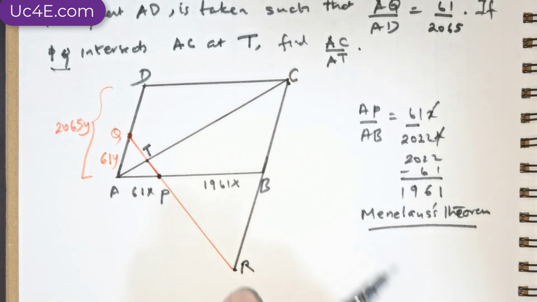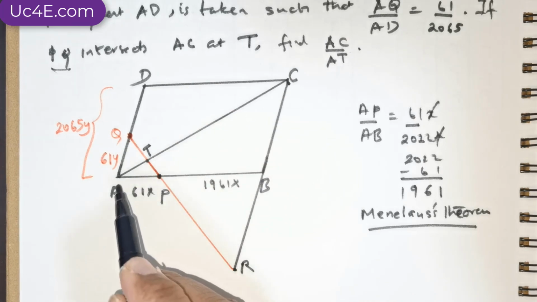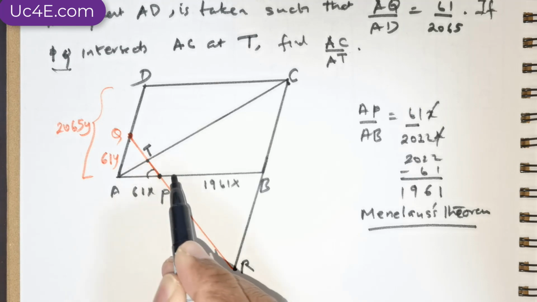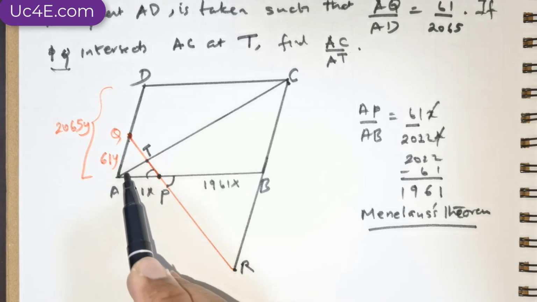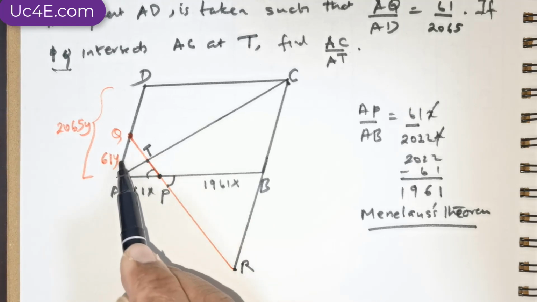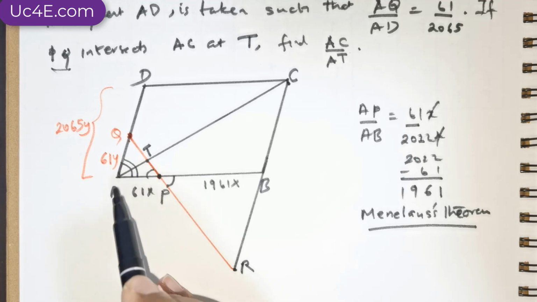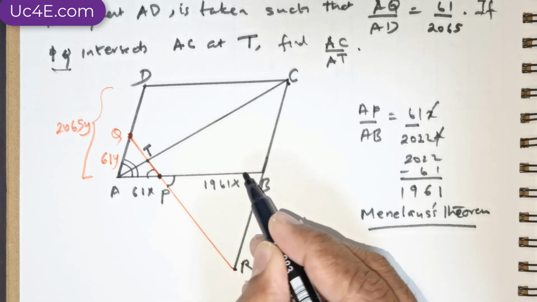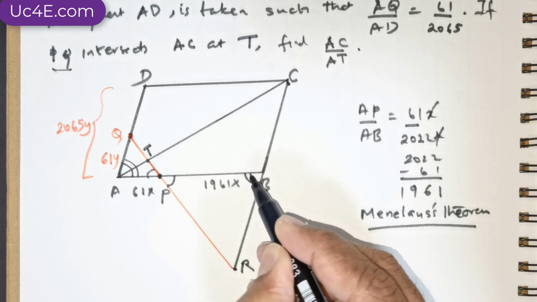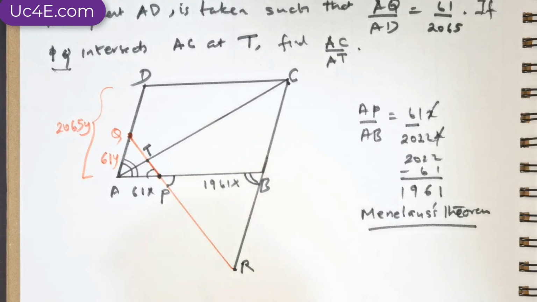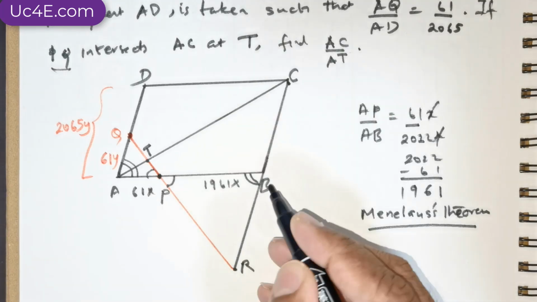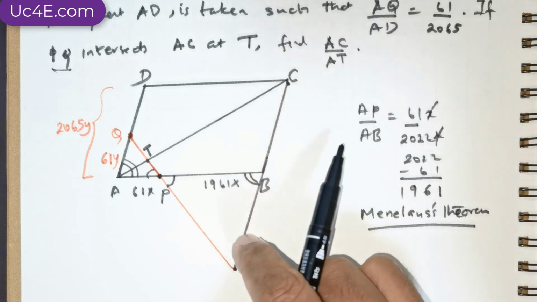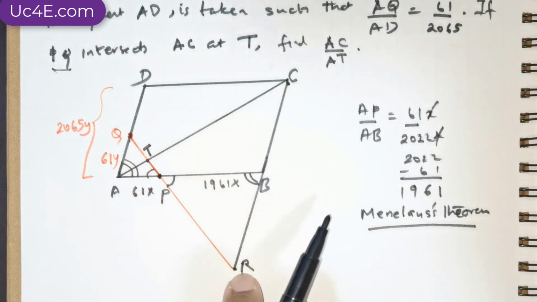I extended this for the simple fact that if I were to consider this angle, then this angle would be the same as this angle, and if I were to consider this angle, then by alternate segment theorem, this angle would also be the same as this angle at B. So that is the reason I extend this particular line CB to meet PQ at R.